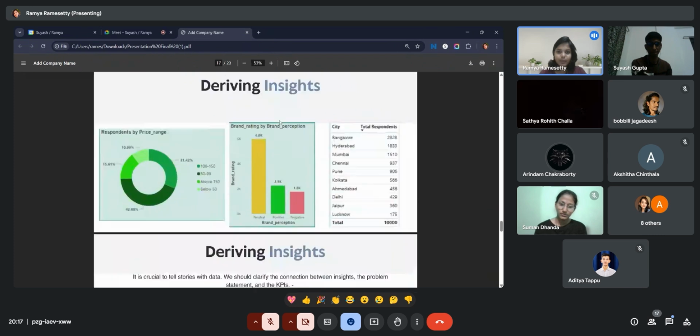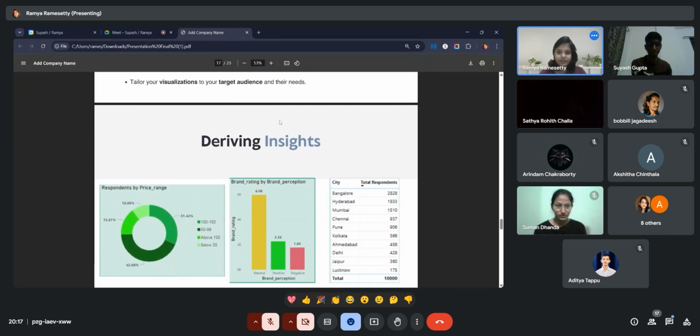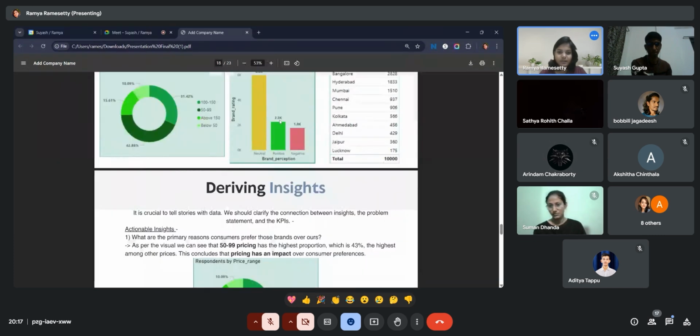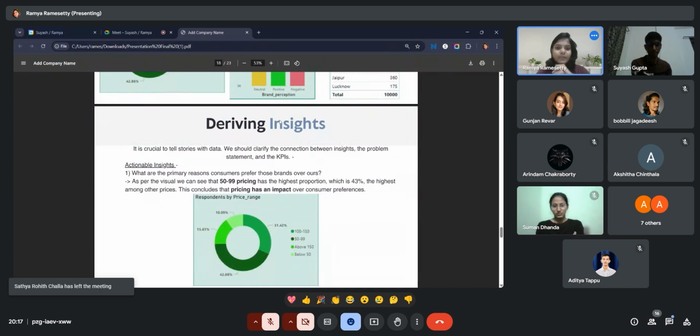So let's see how we can derive the insights from our visualization. We can derive the insights by telling stories with our data. When we are telling stories with the data, it should be relevant to the insights, the problem statement, and the KPIs.